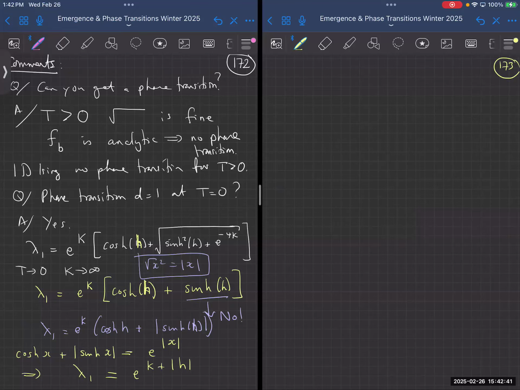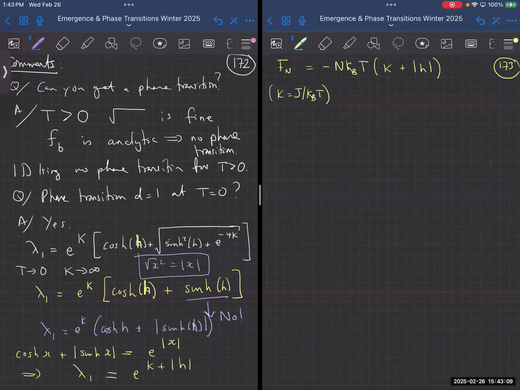Now I've got to compute the free energy. The free energy per spin is equal to minus N kBT times the logarithm of lambda 1. So I get k plus the absolute value of h, like so. And remember, k is equal to J over kBT.